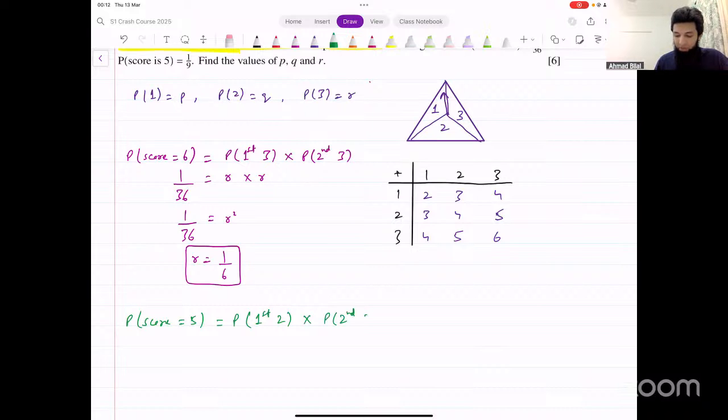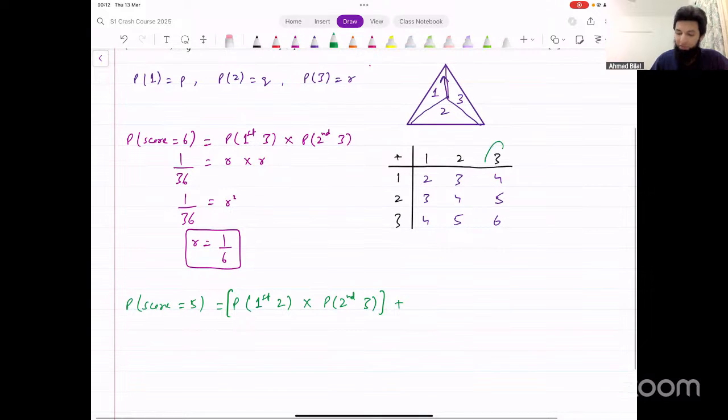That is one possible case. That's this case, for instance. At 2 and 3, you get 5 score. The second possibility would be that on the first spinner, you get 3, and the second, you get 2. That can also give you a score of 5. So that's another case that you consider.